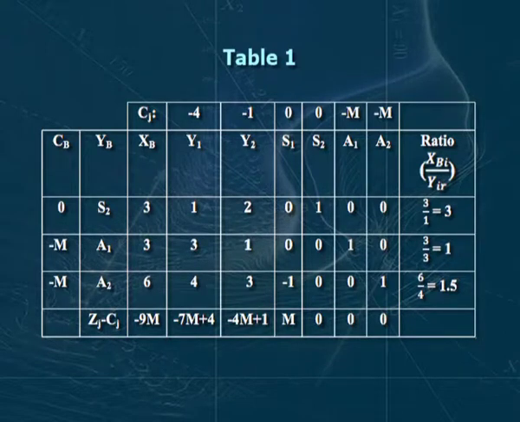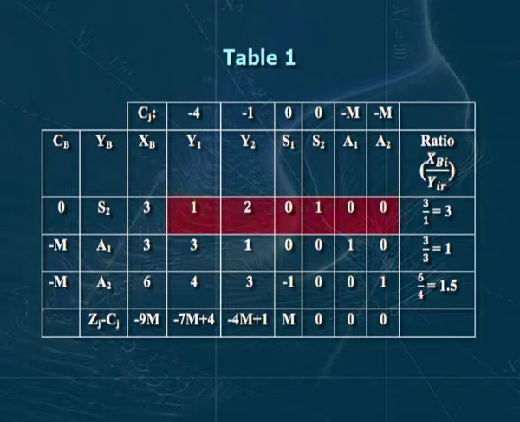In this table, the first row indicates the values of Cj. In the second row, we prepare different column headings Cb, Yb, Xb, Y1, Y2, S1, S2, A1, A2, and in the last column we compute the ratio.